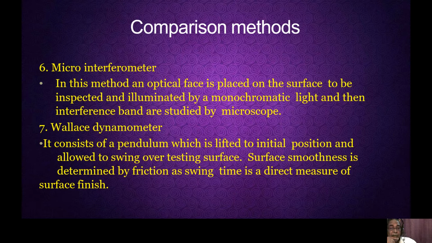If the surface is very smooth, the pendulum will take very little time to move from one side to the other. So this will tell us the surface roughness.